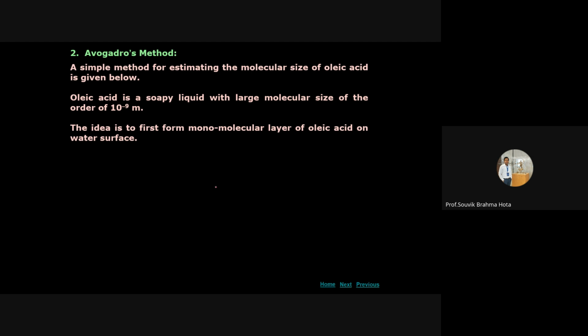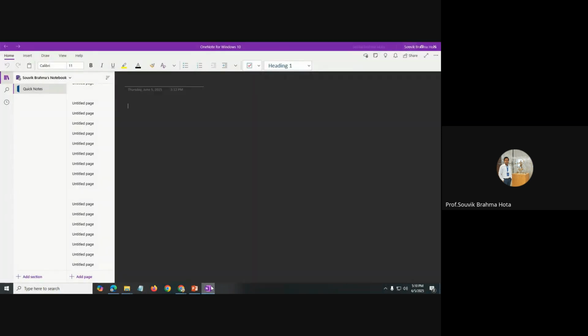Suppose you have water here. Monomolecular layer means single molecules in this layer of oleic acid, like this.